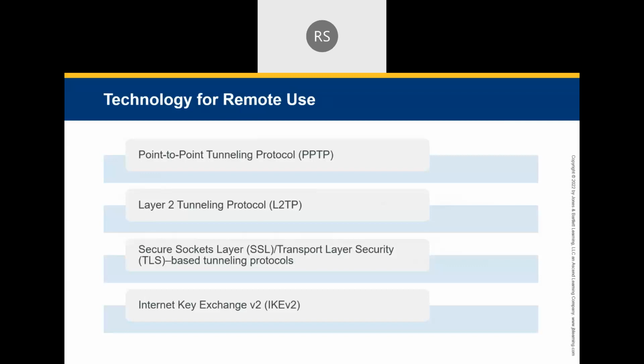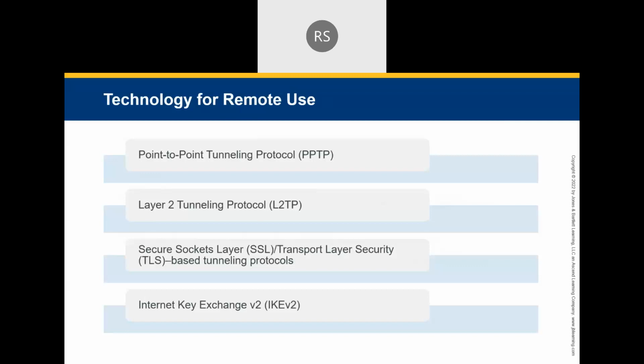The Secure Sockets Layer/Transport Layer Security based tunneling protocols, something like OpenVPN, provide secure connections over the internet. They use SSL/TLS encryption to secure the data that's transmitted between the client and the server. Now, these protocols are highly versatile and can operate on various ports, which makes them suitable for bypassing firewalls.